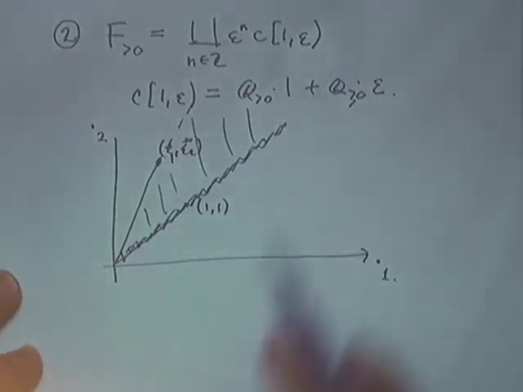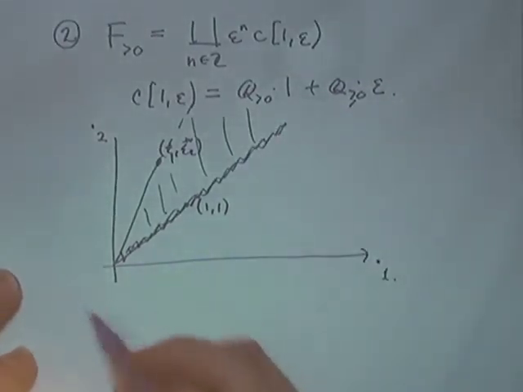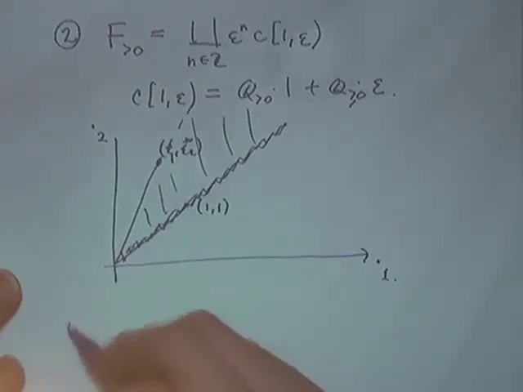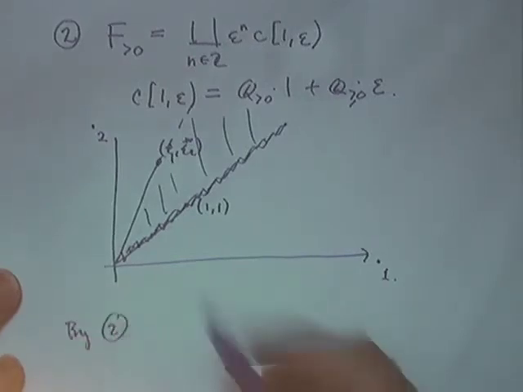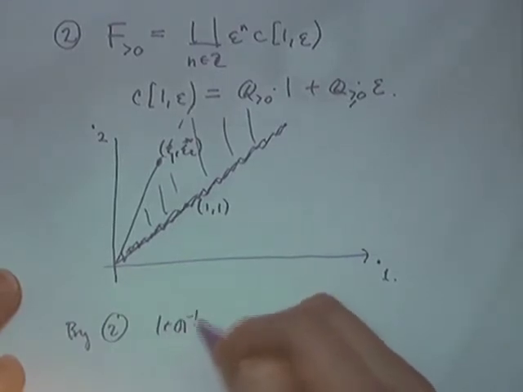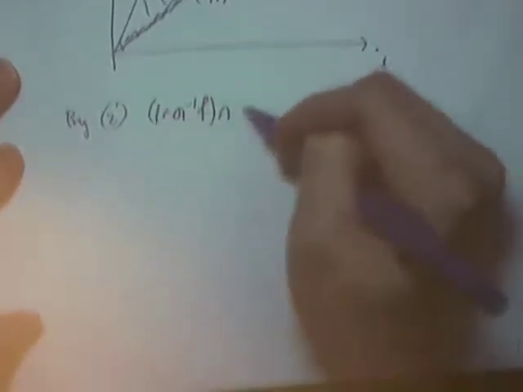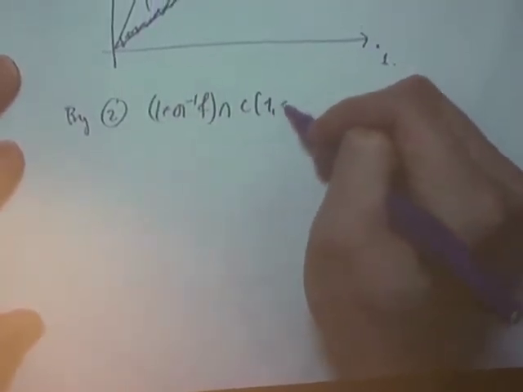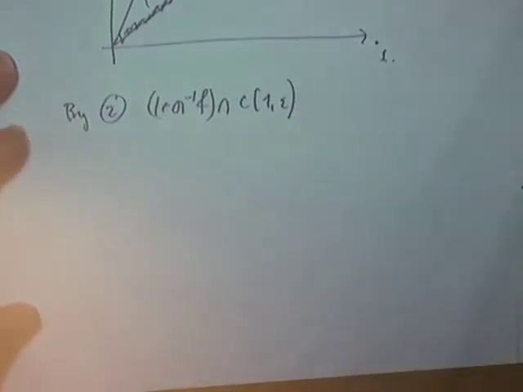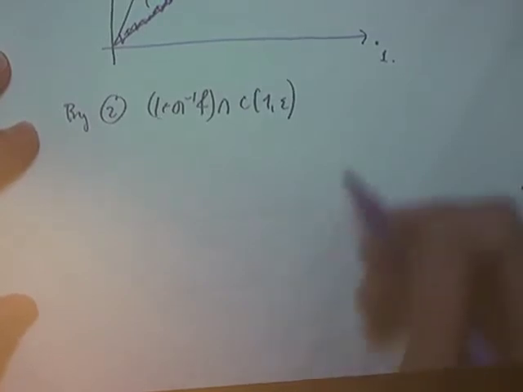Okay, and by this part 2 of the exercise, what we have is that 1 plus A inverse F intersect C(1, epsilon), intersect this cone, gives us a set of representatives for the cosets of generators of the ideals that we had in the previous expression for the partial zeta function.